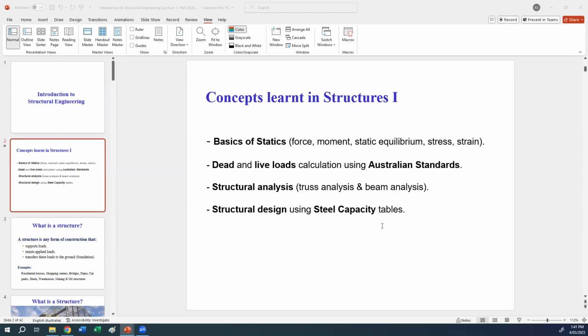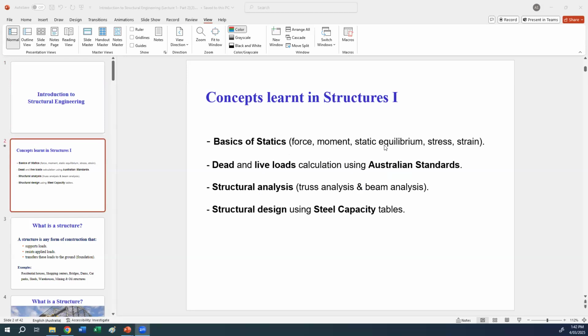Firstly, I want to ask you, what are some concepts you have learned in the Structures 1 course, if you remember any of it? Here are some of the concepts. Do you remember any of these?